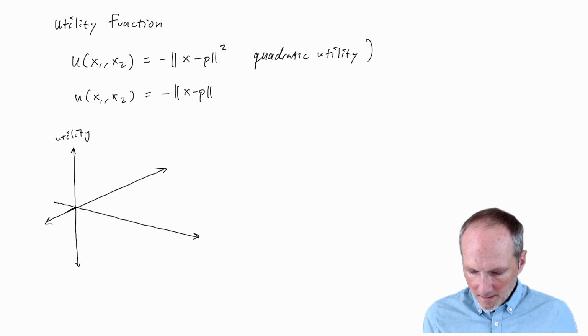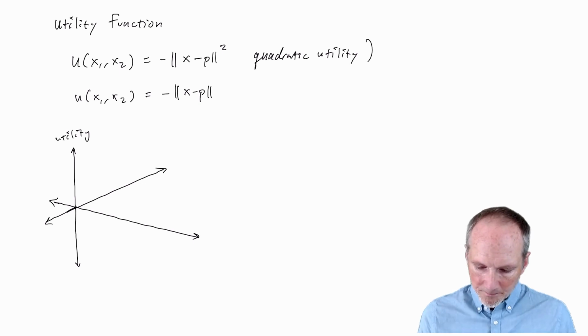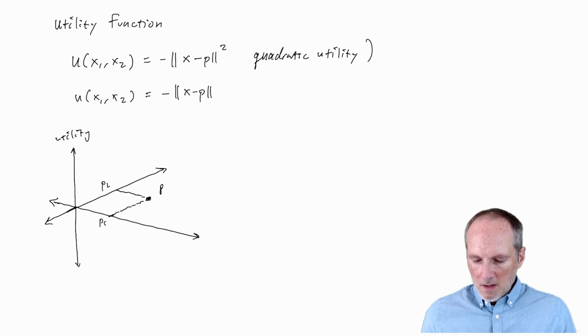So imagine there's this flat plane coming out of the whiteboard. There's an ideal point P on that plane with coordinates P1 and P2. And then given any x on that plane, the utility is in this policy space.